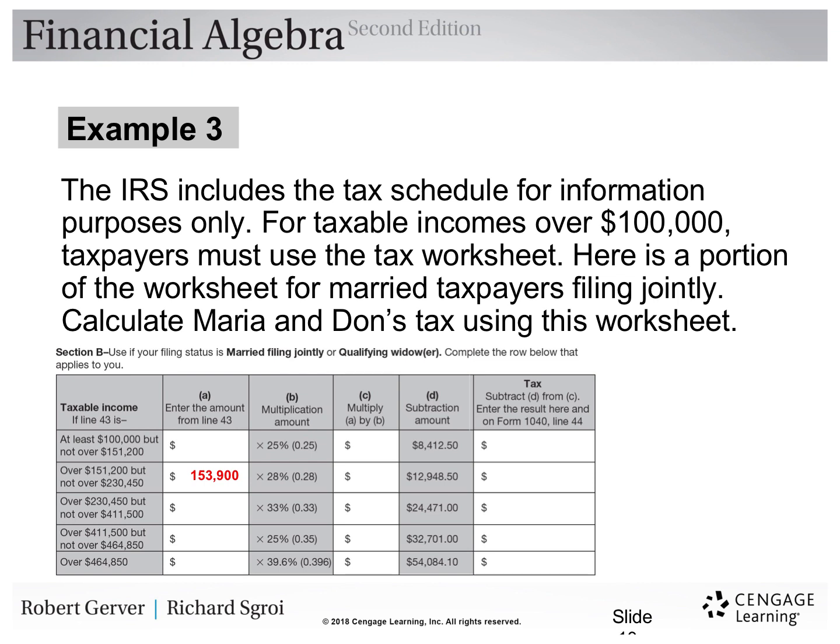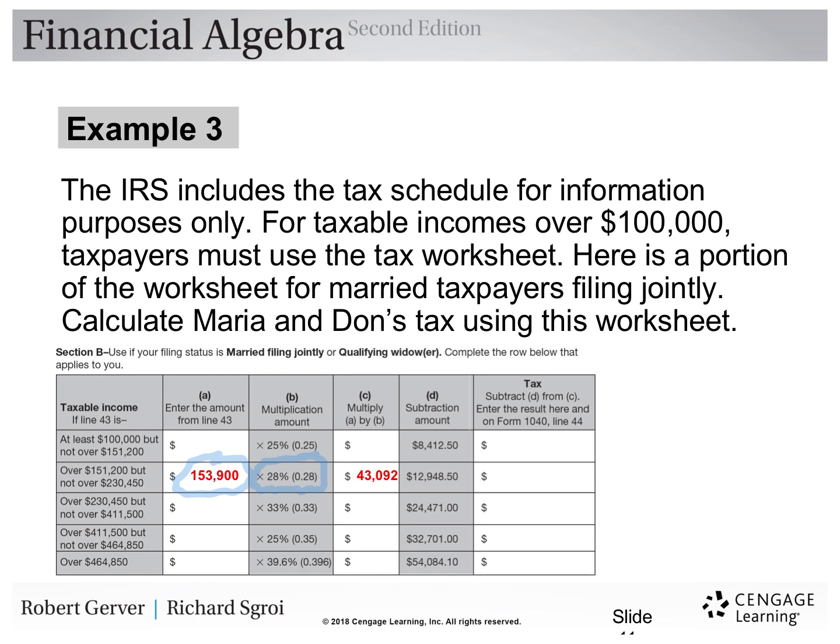The first thing they're going to do is look in column A. This is where they are to enter the amount from line 43 of the tax form, which is basically their taxable income. So they enter $153,900 in column A. Next, they take the amount in column A and multiply it by 28%. Notice, again, as in previous units, we always convert the percent to a decimal, so it's 0.28.